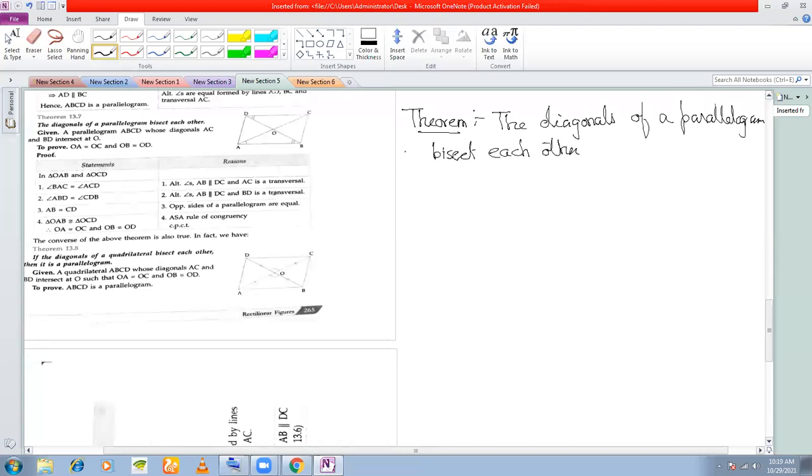Okay. So a parallelogram is given to you. Let us draw a parallelogram. Okay. So given here, and also we need to draw the diagonals, because we need to prove that the diagonals bisect each other.